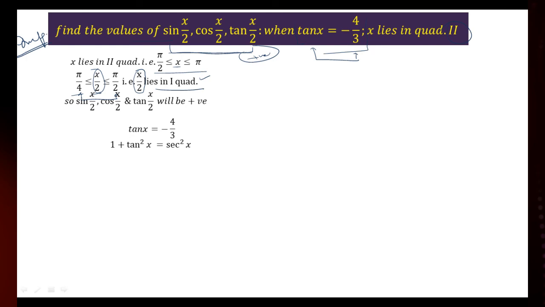Now put the value, tan x is minus 4 by 3, its square is 16 by 9. So 1 plus 16 by 9 will be 25 by 9, which is sec square x. And if I take the square root of 25 by 9, it will become plus minus 5 by 3.